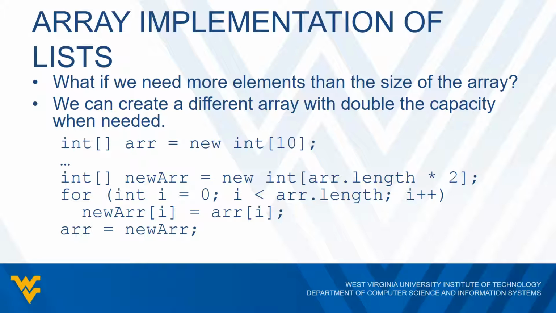The way we do this is we take the length of the original array, or the size of it, and multiply it by 2. So in this case, newR should have 20 integer elements in it. And then we can go through all the elements of the original array and copy them into the respective positions in the new array.